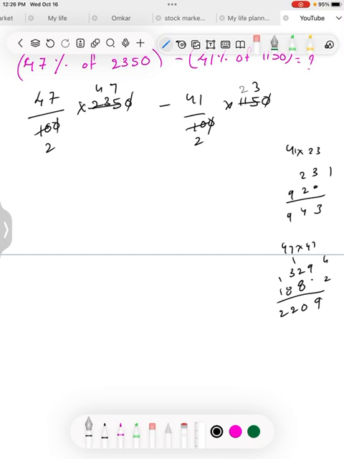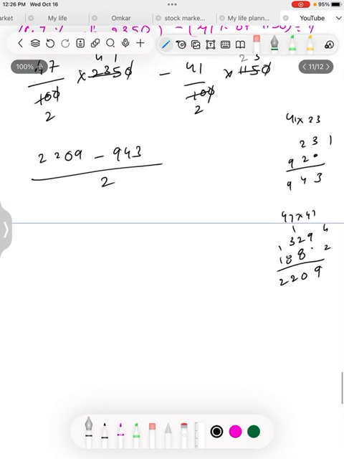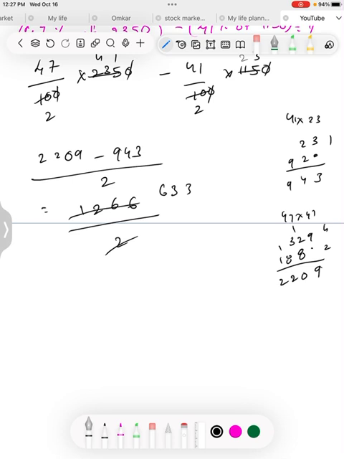So here you can just simply write it. So that's it. In this way you just cancel it out. You'll get the answer. Okay, just do it in a simple way actually.